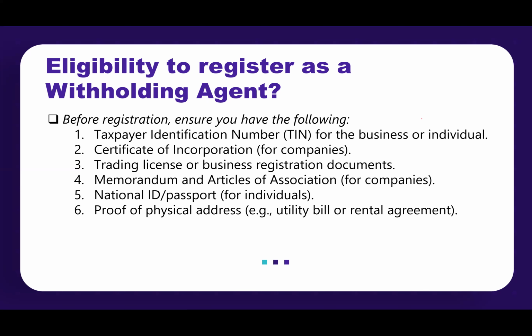Of course, a tax identification number for the business or the individual, certificate of incorporation for companies, trading license or business registration documents, memorandum and articles of association for companies, national ID or passport for individuals, proof of physical address, like a utility bill or a rental agreement.